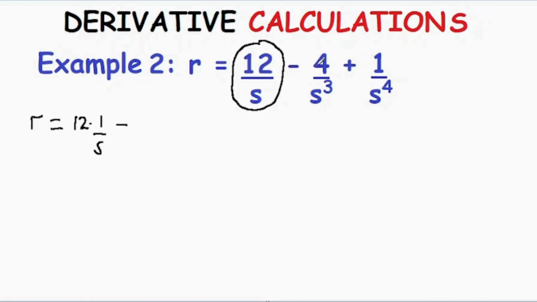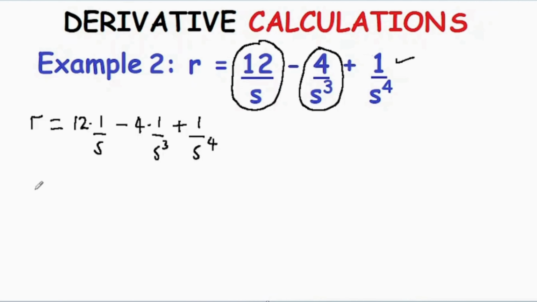For the second term, we have 4 divided by s raised to the power 3. That becomes 4 multiplied by 1 divided by s raised to the power 3, which, if you multiply 4 by 1, gives you 4 divided by s raised to the power 3. For the third term, we'll leave it the same: 1 divided by s raised to the power 4.